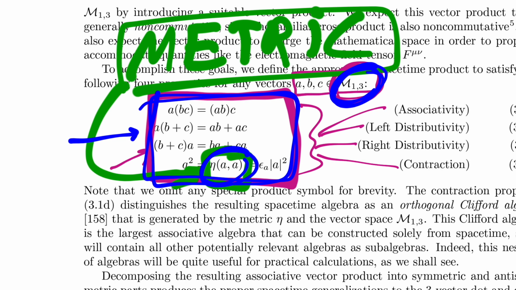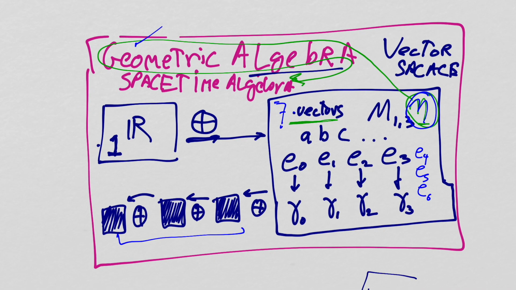And when this vector space is M13 and when this metric is Minkowski, I have the spacetime algebra. And now we haven't gotten there yet. We won't fully finish the spacetime algebra until we know everything there is to know about these things. And there are a few other key principles we have to deal with, but that is the program here. That is the program.